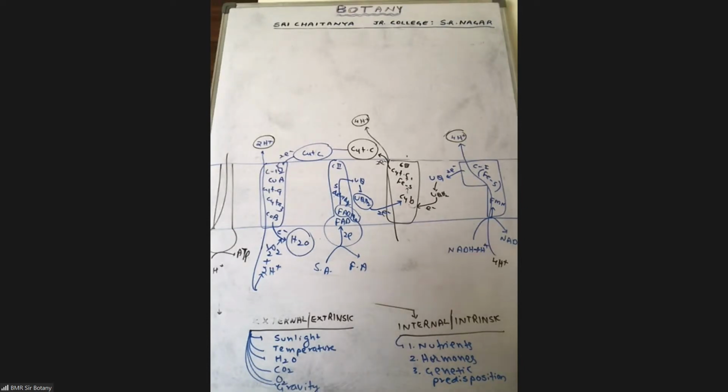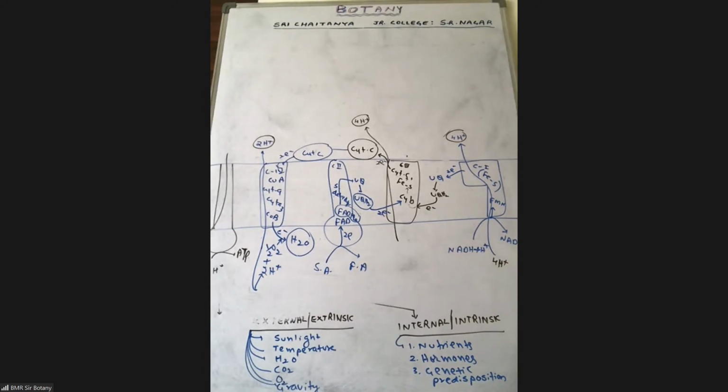How many were oxidations during the TCA cycle, Nana? Be careful, 4 oxidations. How many were oxidations in aerobic respiration for one glucose? 6. One is in glycolysis, one is in the link step, and 4 are in the TCA cycle.